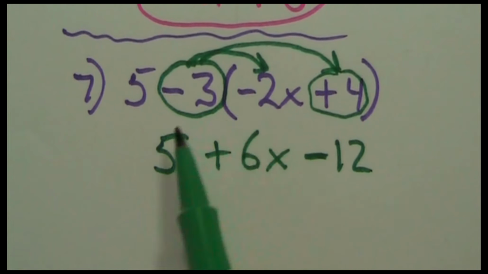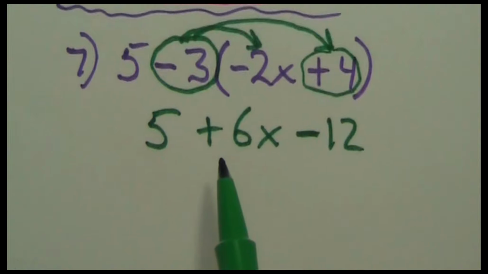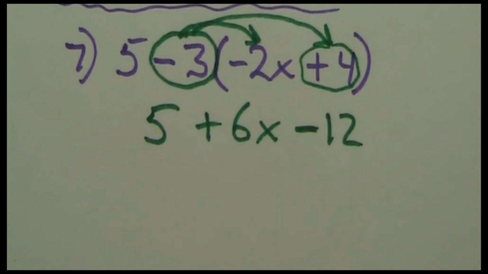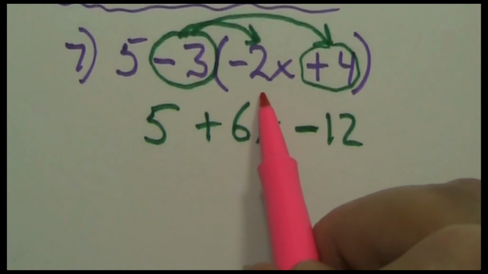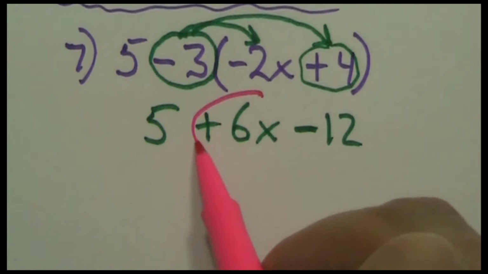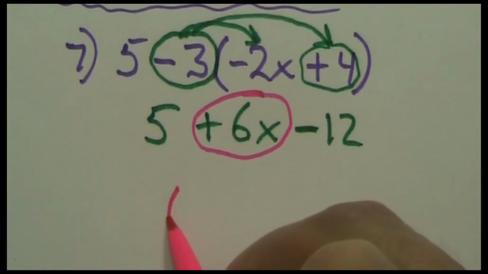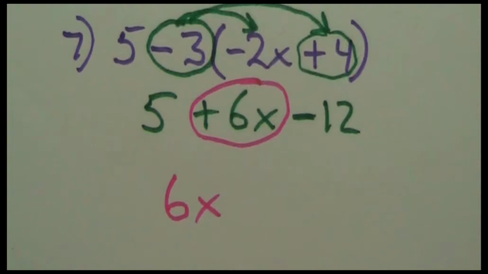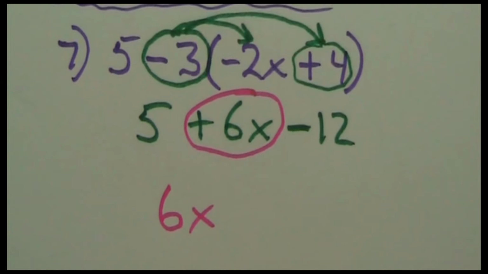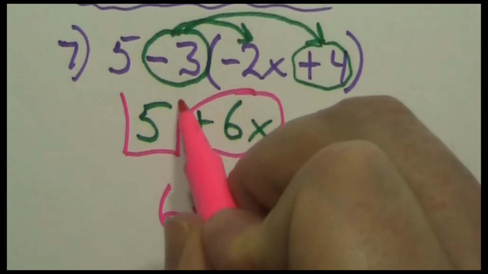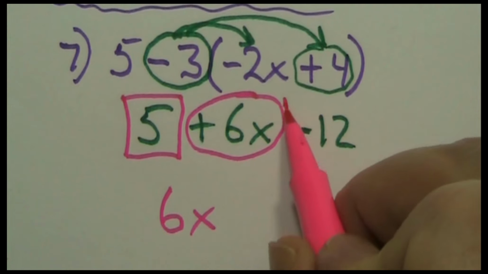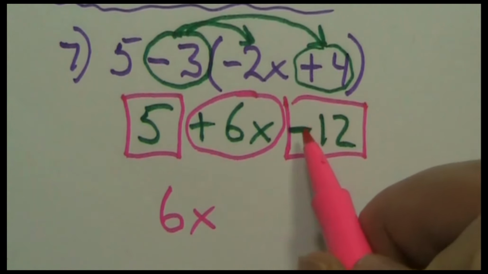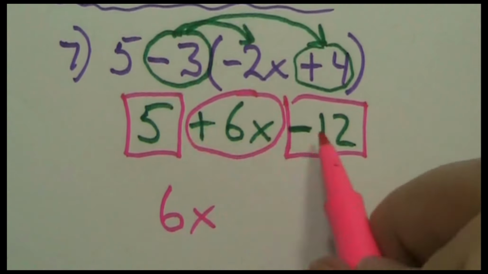Okay, so now we're not doing the rules of multiplying or dividing. Now we're just combining things together, positive and negative. So let's see, what do I have here? I have a positive 6x. Just one 6x. And then I have a positive 5 and a negative 12. Whatever's in front of the number, that's its sign.